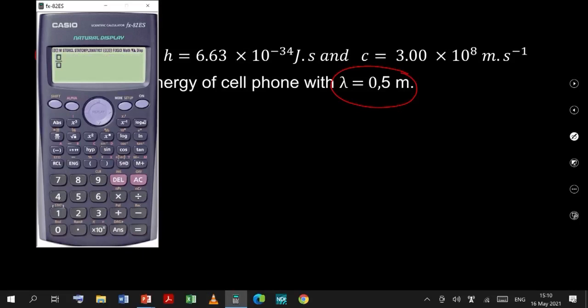Need our fraction with Planck's constant, 6.63 times 10 to the minus 34. Once again, multiplied by the speed of light, 3 times 10 to the power of 8. But now, the value is only divided by half a meter. And when we push equals, we can see that our energy reading is 3.978 times 10 to the 25.